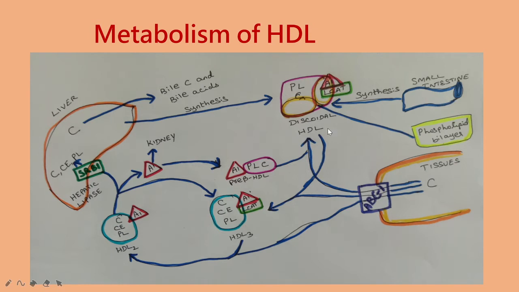After the action of LCAT, most of the free cholesterol will be converted into esterified cholesterol, so the shape also changes from the discoidal. As the reaction continues, HDL becomes spherical in shape with a lot of cholesterol esters.